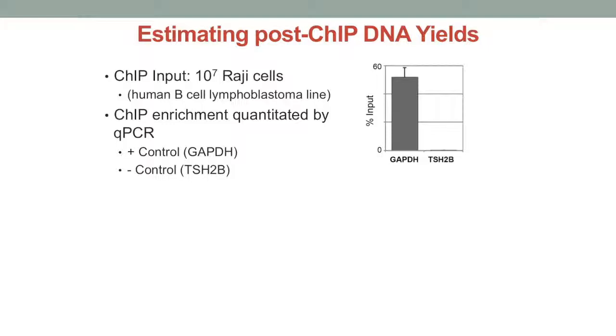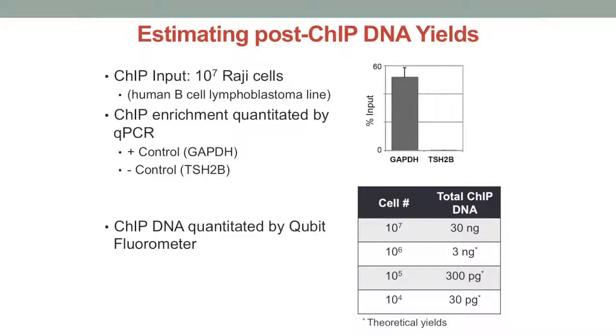Using 10^7 cells, we estimate that we get about 30 nanograms of DNA pulled down, and this is from about 10 different IPs. Extrapolating down to 10^4, we think we're going to be in the 30 picogram range. That assumes that our enrichment efficiency stays the same as we push the assay further.